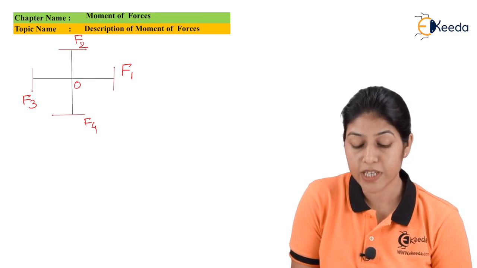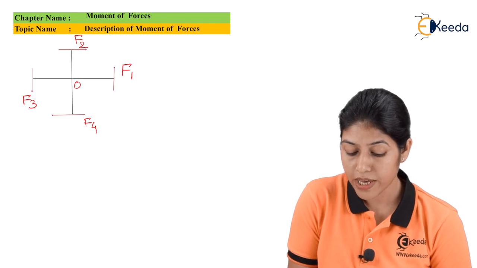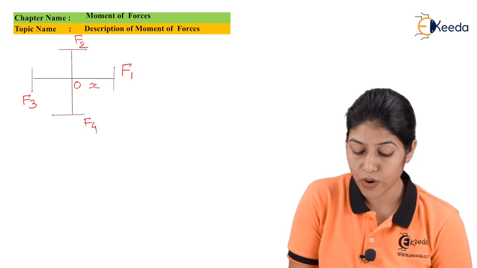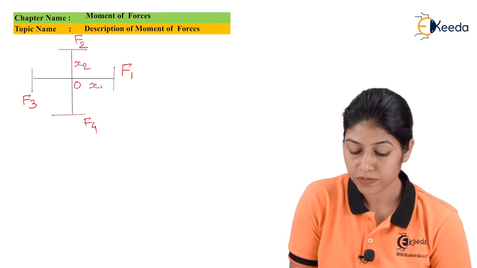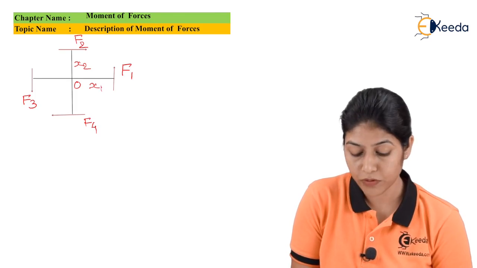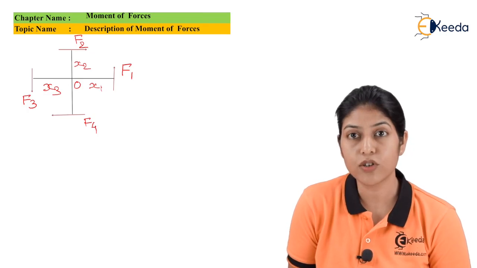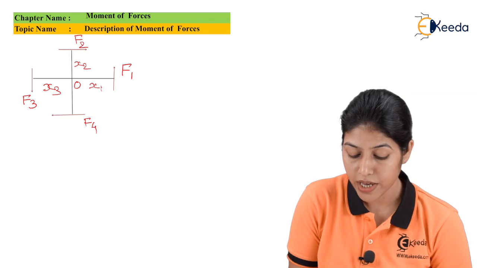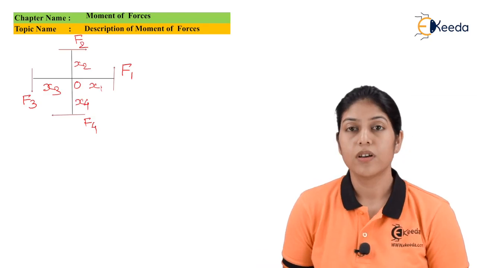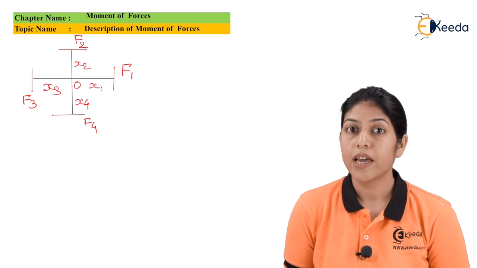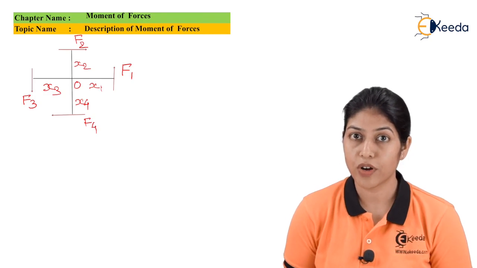The distance of force F1 from point O is x1, the distance of force F2 from point O is x2, the distance of F3 from point O is x3, and the distance of F4 from point O is x4. So this is the diagram, and we have to find the total moment for this condition.